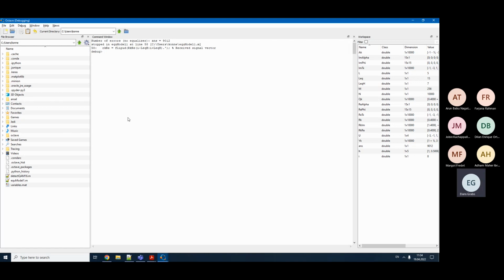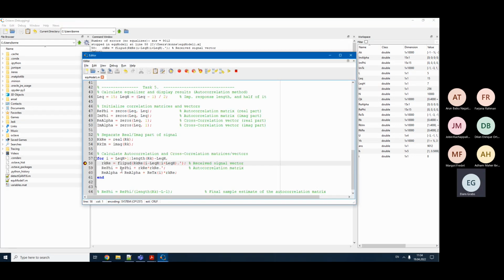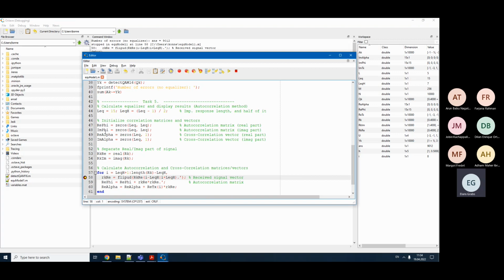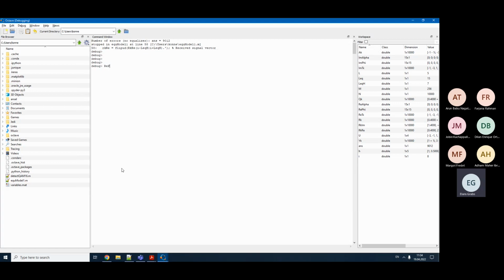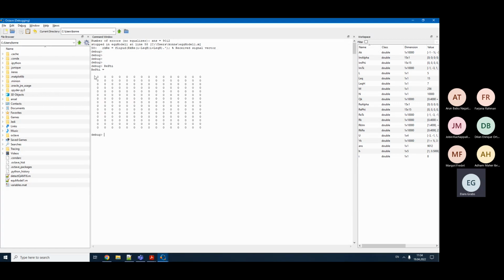So now we have stopped at this position and we can see how our autocorrelation matrix, for example the real part, looks at the specific moment. Real phi, it's empty, it's a zeros matrix. Yes, real phi, 15 by 15 matrix.